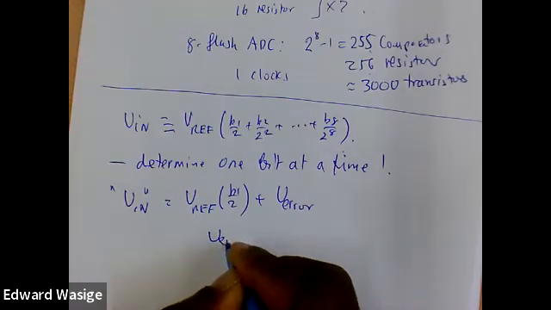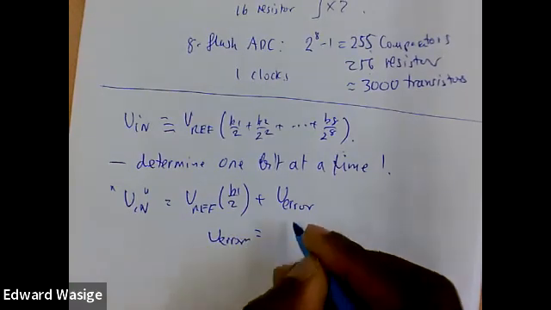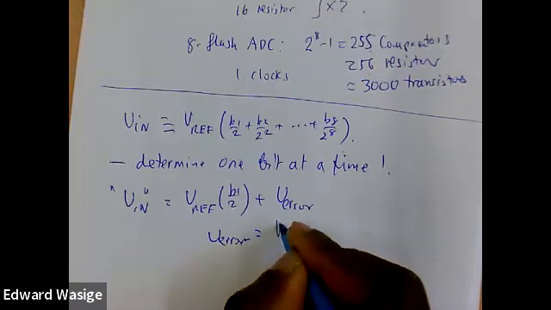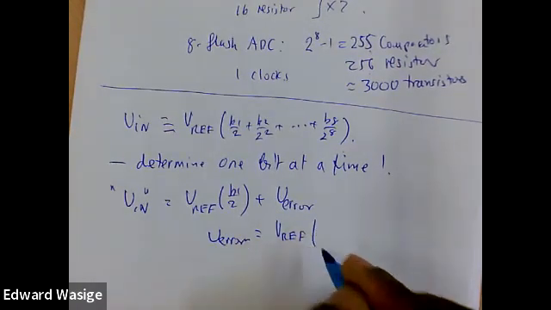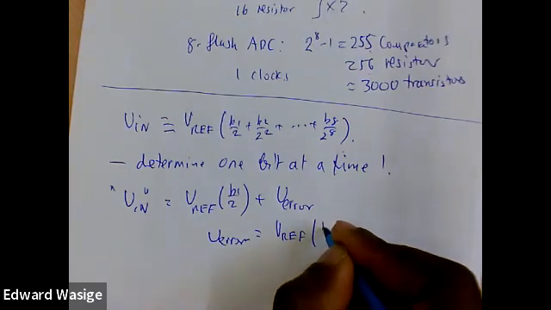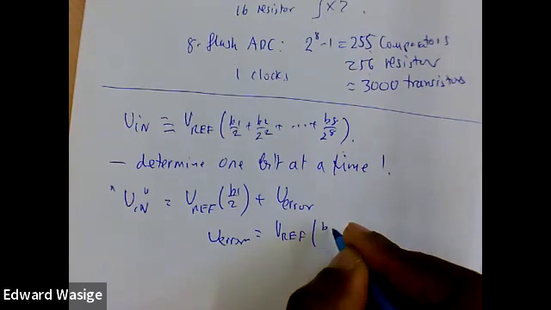Here, V error will be equal to Vref into B2/2 squared plus B3/2 cubed.